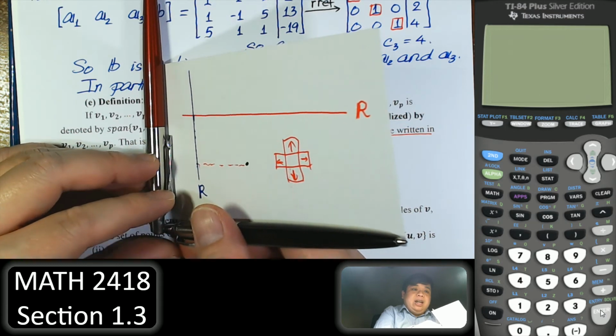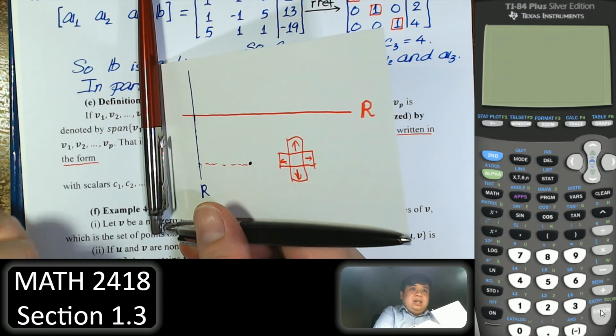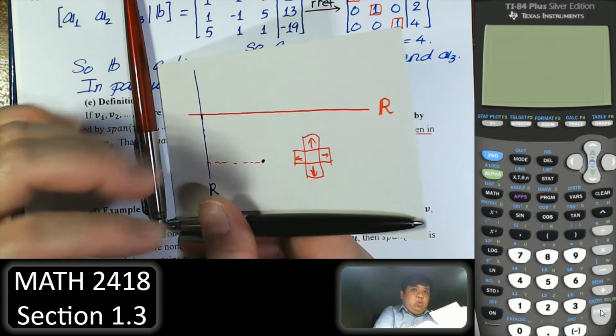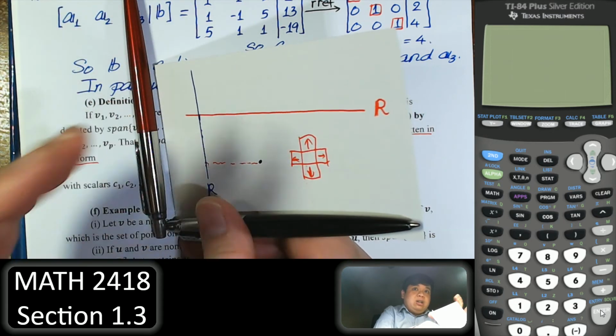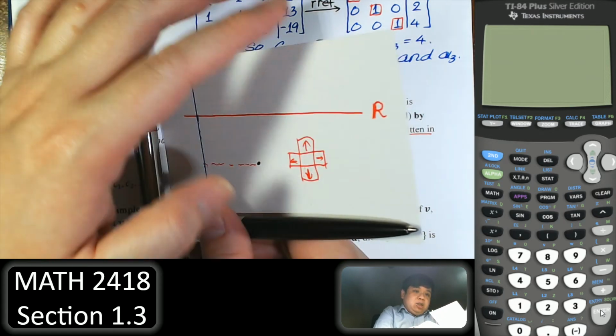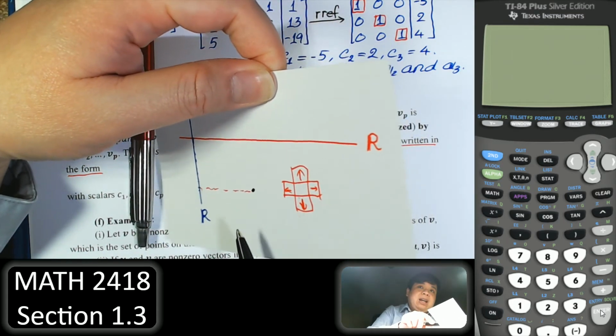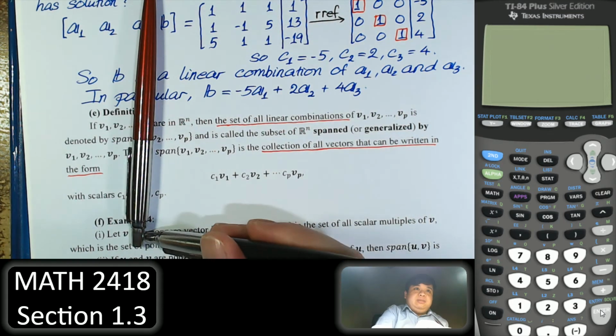So we say the span of these two vectors is a subset of three-dimensional space. We have two vectors in three-dimensional space, and those two vectors combined together give us this plane right here. So this plane is the span of these two vectors.